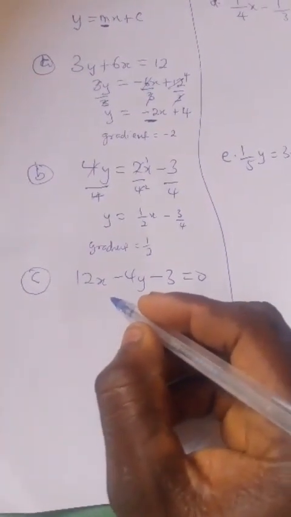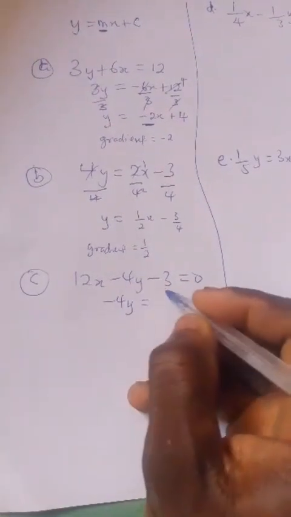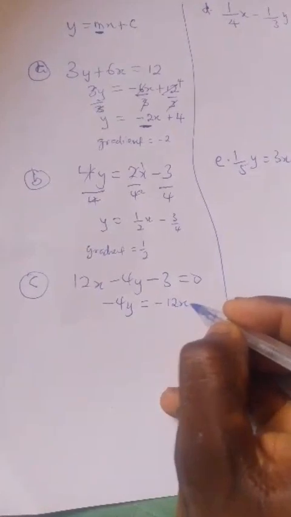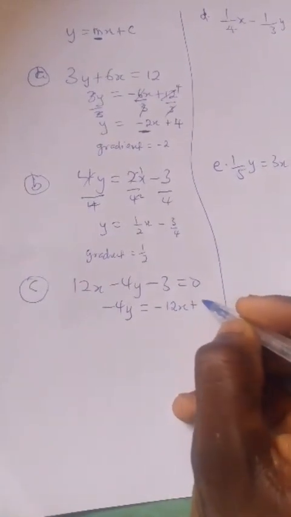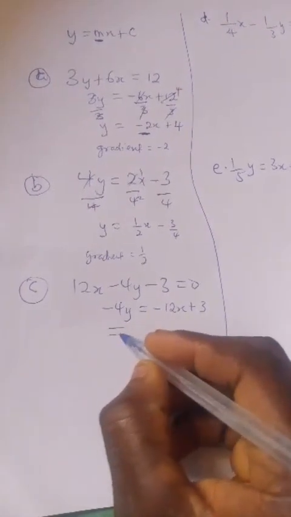Then when you come to this one, the same thing. Make y the subject. So minus 4y is equal to, let's move this and this to the other side. So I'm going to have minus 12x then plus 3. So we divide both sides by negative 4.